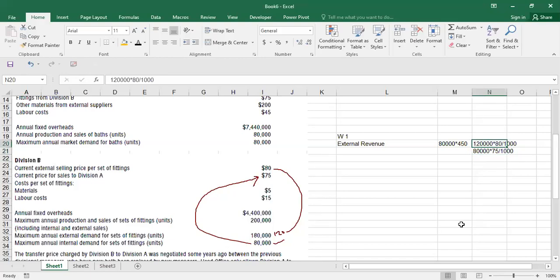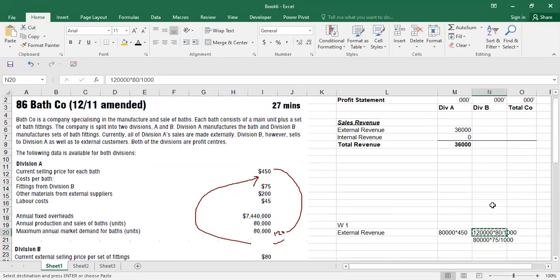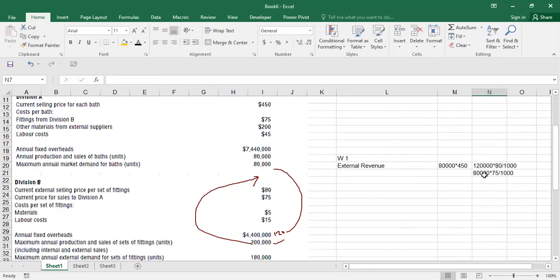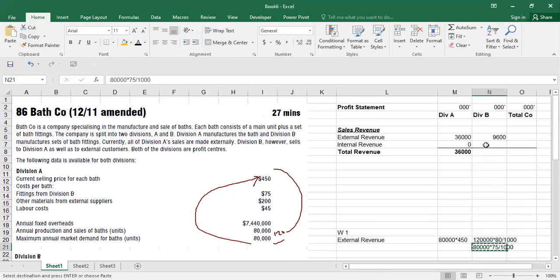So this is their external revenue, and this much is their internal revenue. They will come up with a sum total of 15,600 in their revenue. This is the revenue for division B.